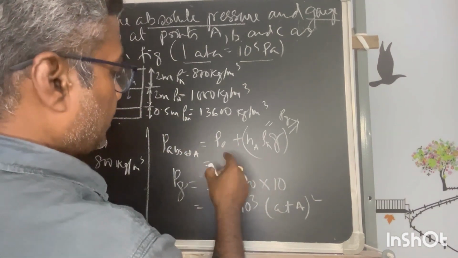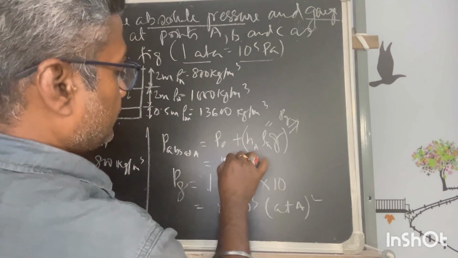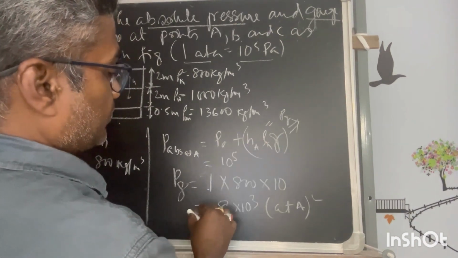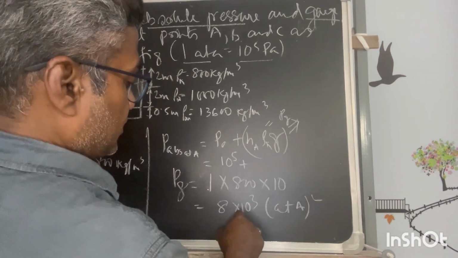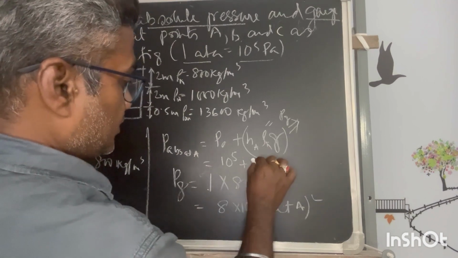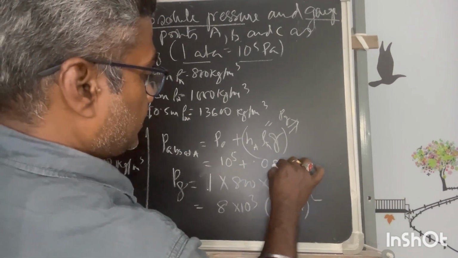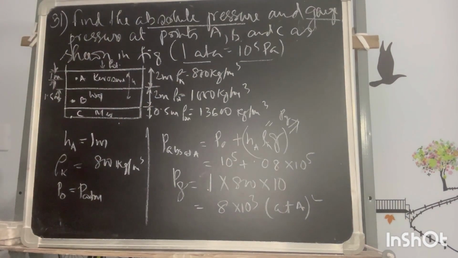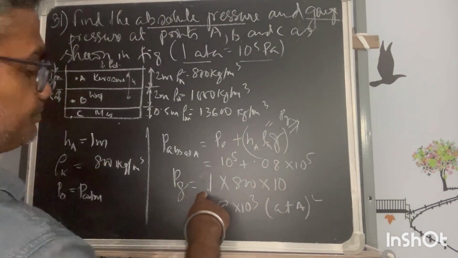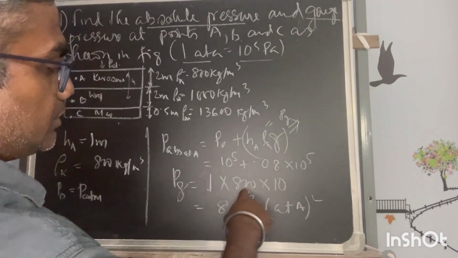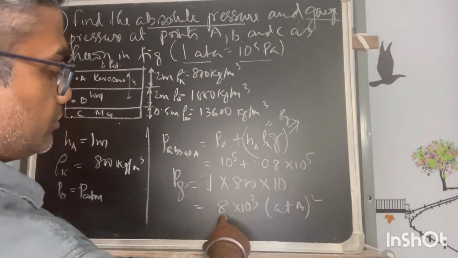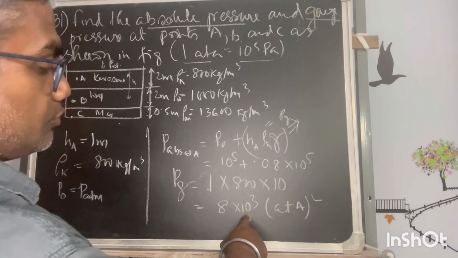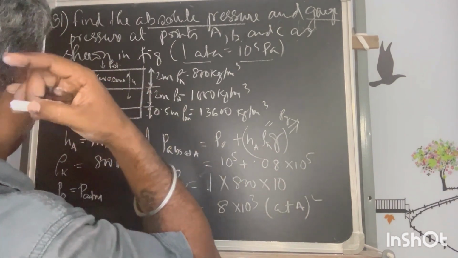So I get 10 to the power 5 Pascal for atmospheric pressure, plus, if I convert to 10 to the 5, 0.08 into 10 to the power 5, which will come in the same unit. This is equal to 1 into 800 into 10, so 8 into 10 to the power 3, in Pascal.